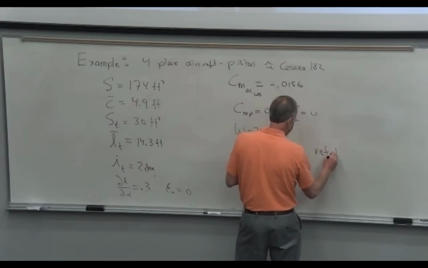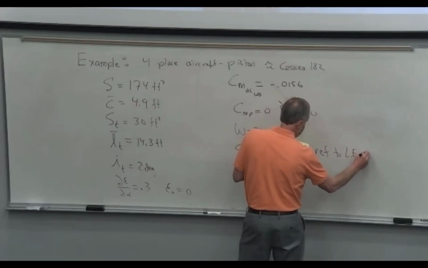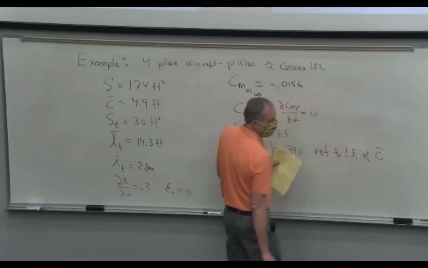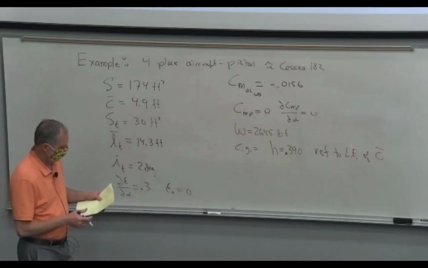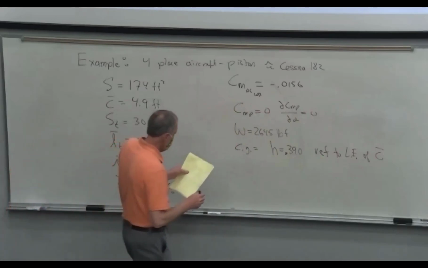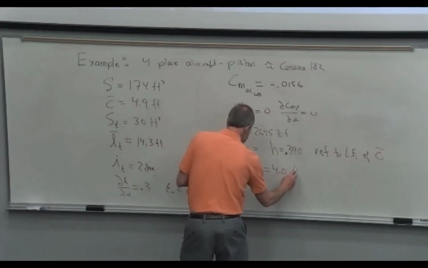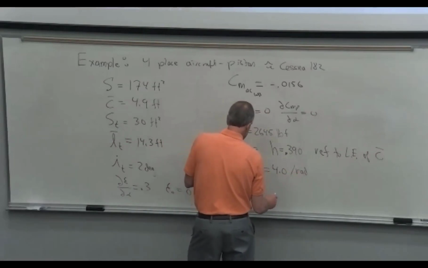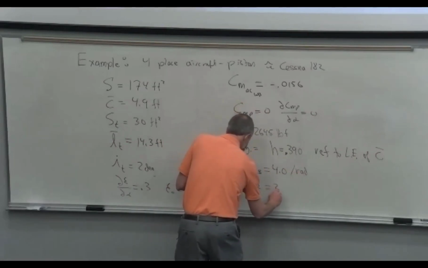This is reference to the leading edge of C bar, and since the wing is almost rectangular, that means it's the leading edge of the wing. The lift curve slope for the wing has been calculated with something like the big formula, and so has the tail.